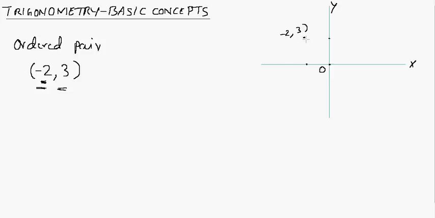If you divide these into 1, 2, 3, 4, 5, etc., here would be -1, -2, -3, etc.